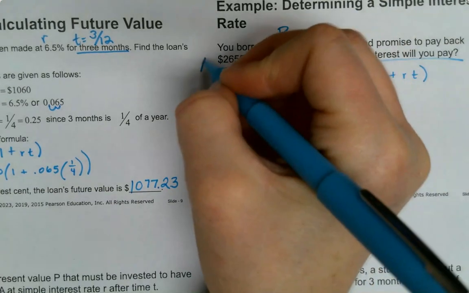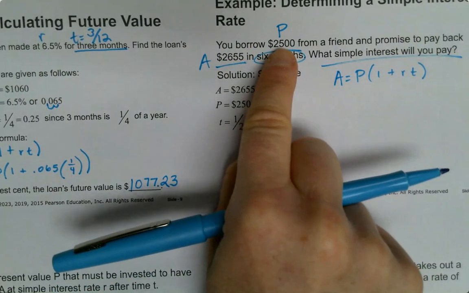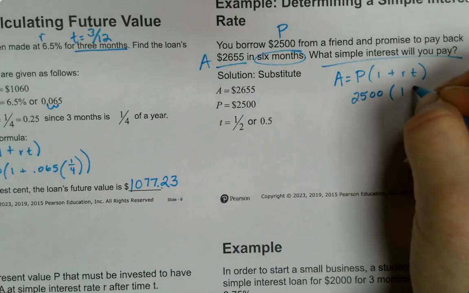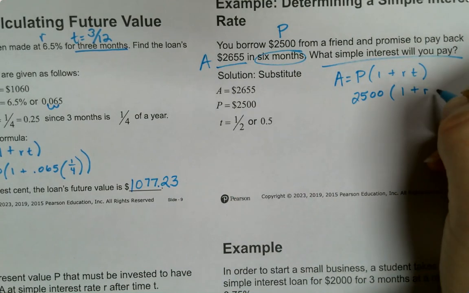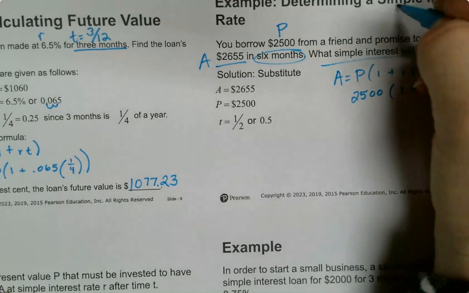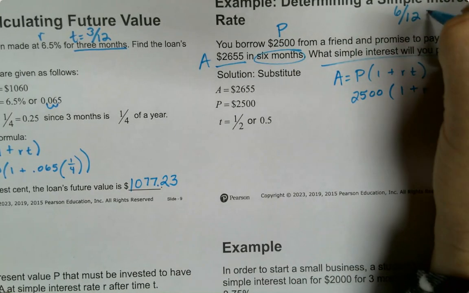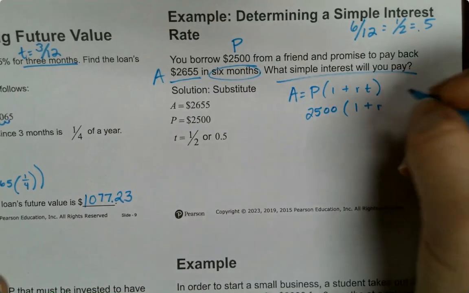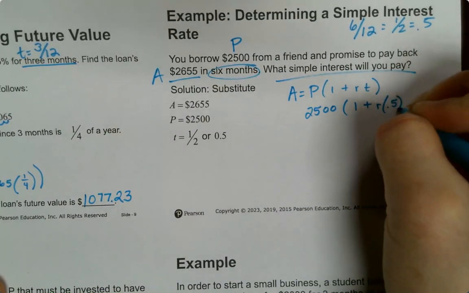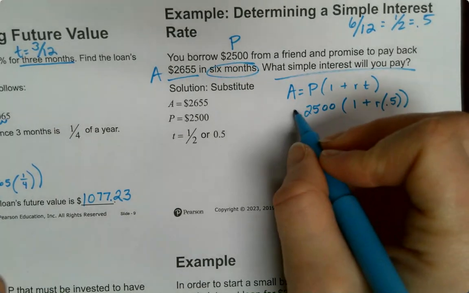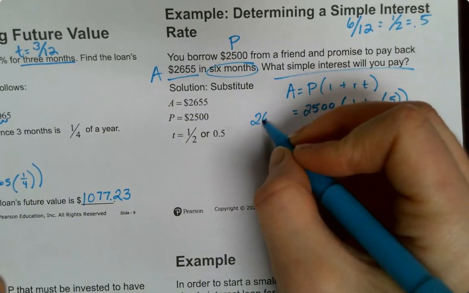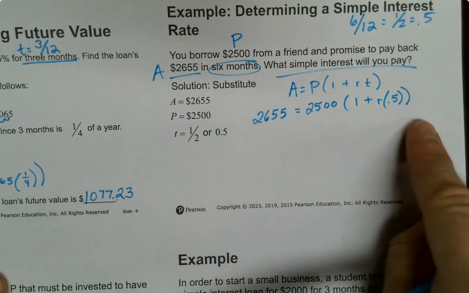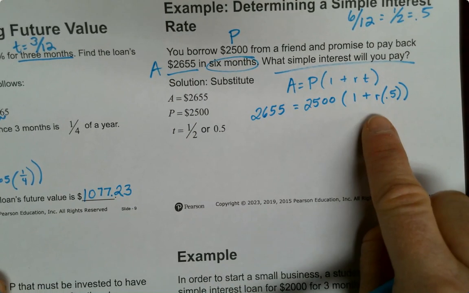It looks like we have what we borrowed, our principal, 1 plus, we don't know the rate, and our time is 6 months. So 6 out of the 12, which is half, or 0.5. I'm going to put in 0.5. And it says you're going to pay back $2,655. So that's another $155. So we're actually going to solve this for R.